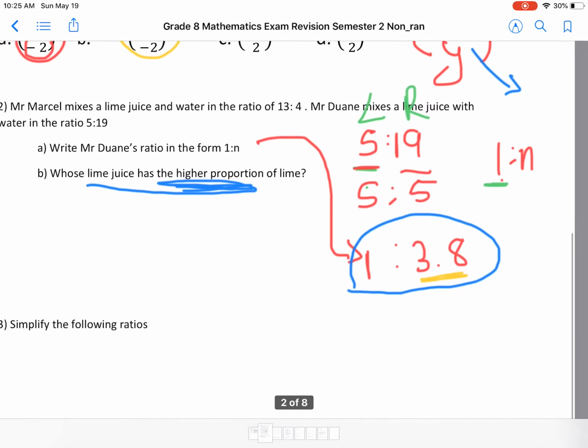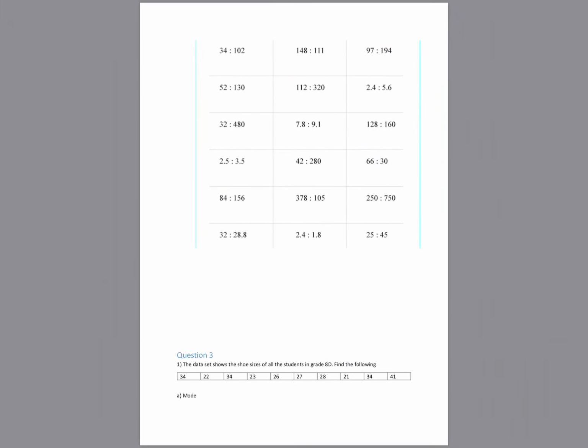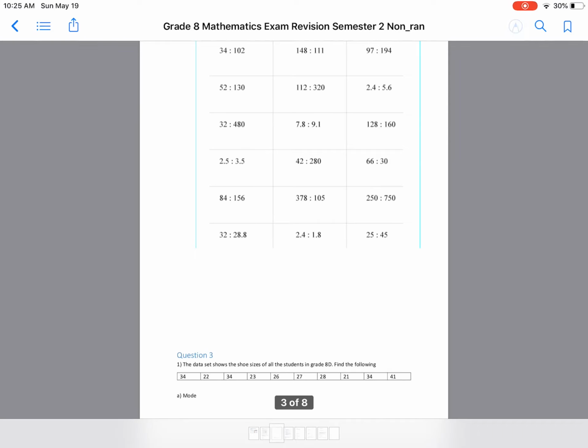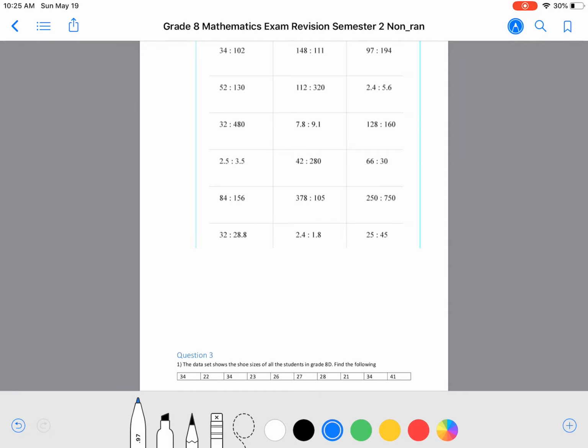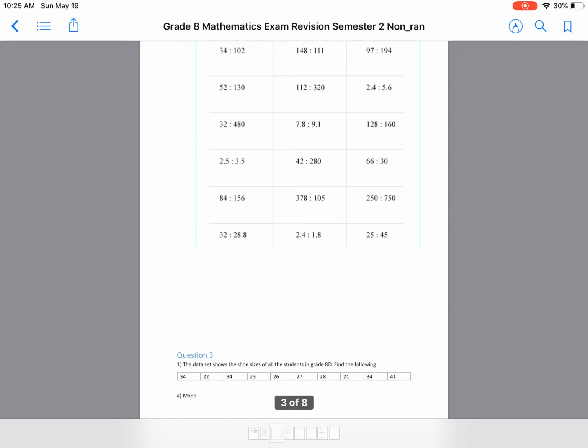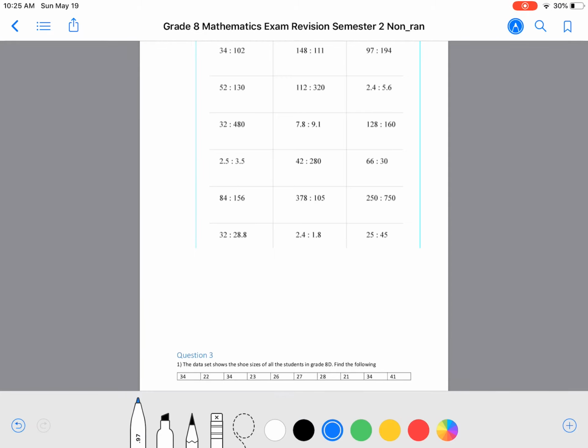Similarly, on the next page, we have ratios here, and again we need to simplify these ratios. Generally, try to get it to the point where we have 1 is to something else.